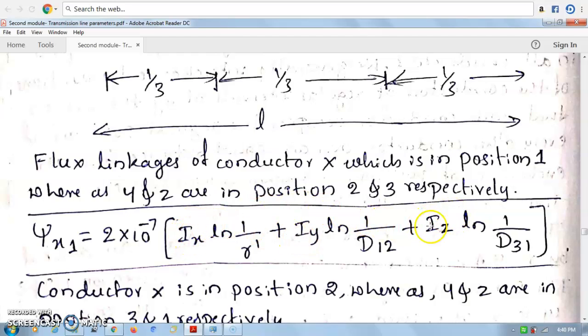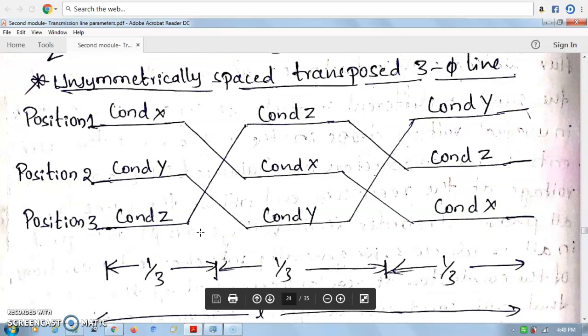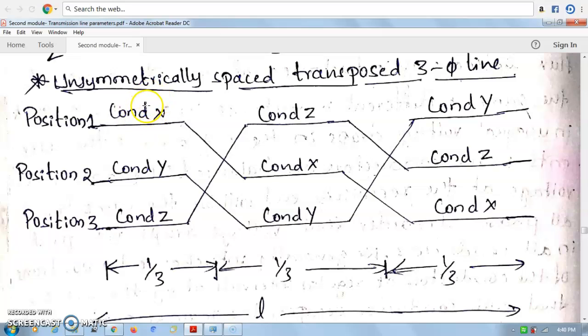Next, the Iz current flowing through the Z conductor gives flux linkage on the X conductor.